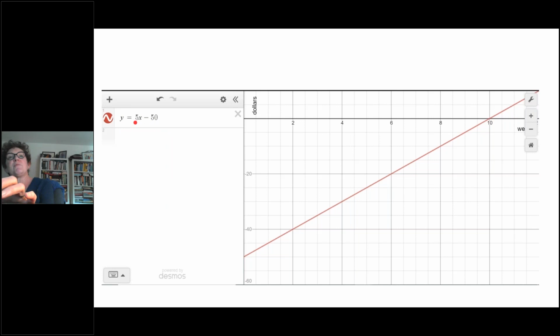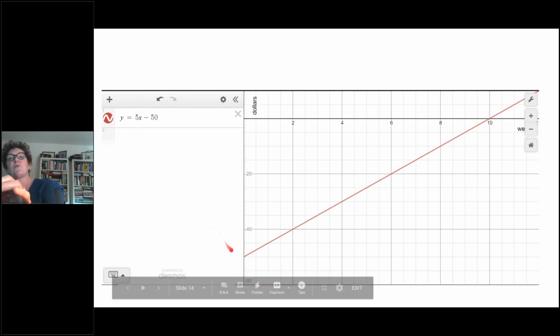The 5, remember the slope-intercept form is y equals mx plus b. So the slope is the m variable. In this case, that's 5. It's positive 5. That's why our line is increasing.